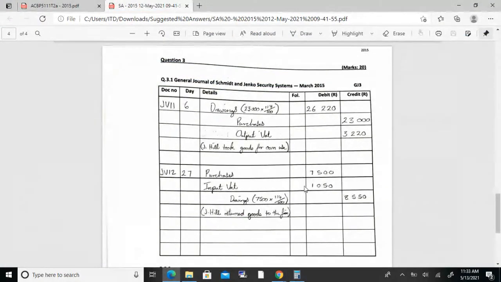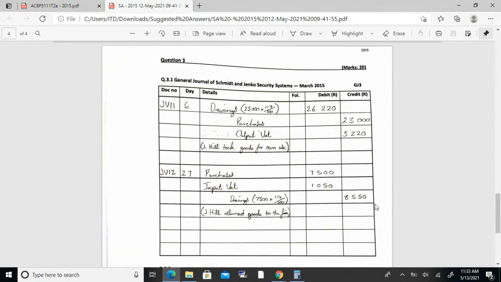Okay, and then finally drawings we are going to actually decrease. Okay, and we have to use the VAT inclusive amount on drawings. Okay, and therefore that's how we're coming up with 8,550.